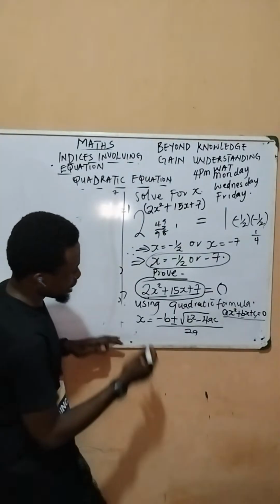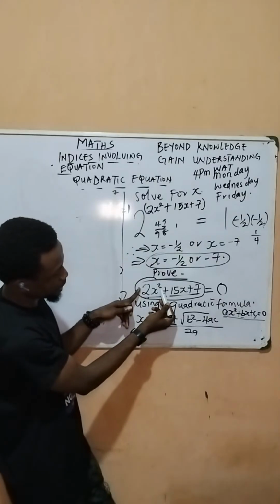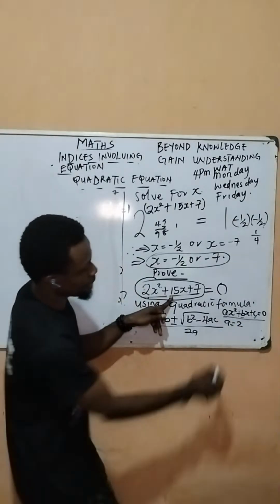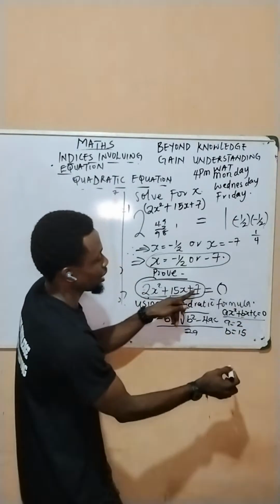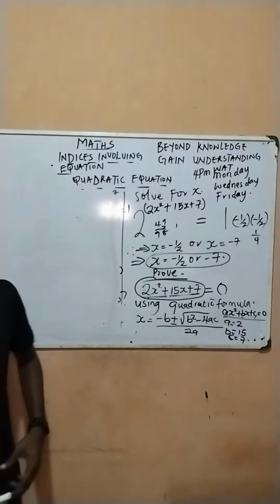How do we go about doing that? Simply let us define the value of a. Since this is x squared, the one with the highest exponent, our a becomes 2. Then our b becomes 15, and our c becomes 7. Now that we've gotten that, we'll go ahead and substitute it here.